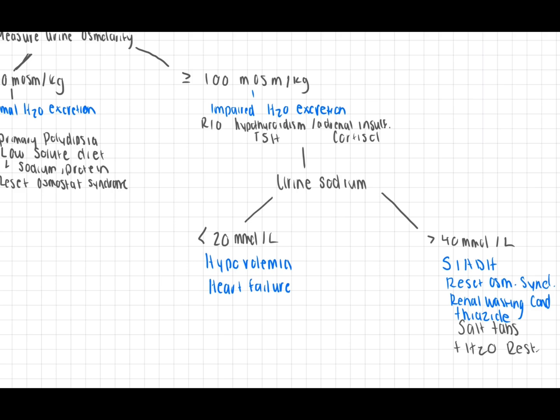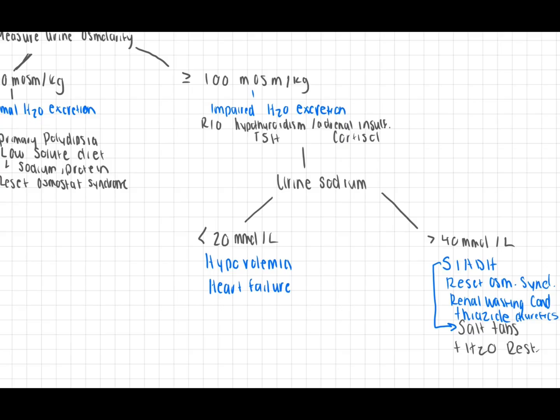So just some things to think about, but typically we see SIADH, which we would treat with salt tabs and water restriction. And if it was from thiazide diuretics, we would probably just want to stop the diuretic if we could.